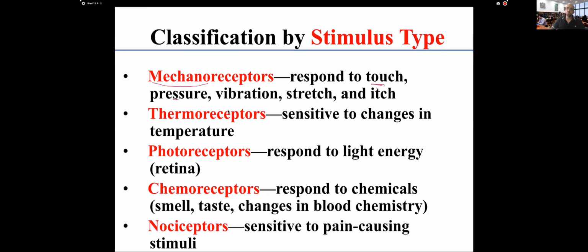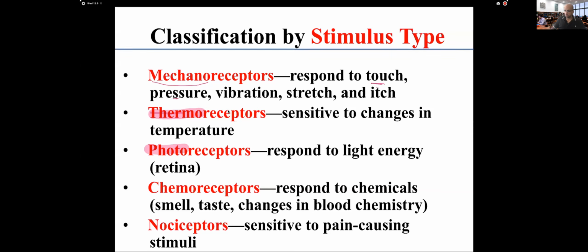For the receptors detecting changes in the temperature, we call those thermoreceptors. They are detecting temperature. And for the receptors responsible to detect light energy, the photons, we call those photoreceptors.